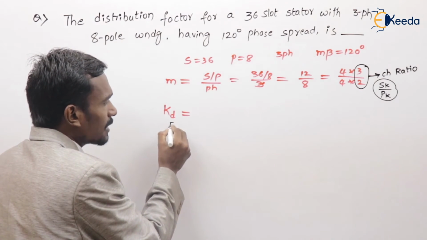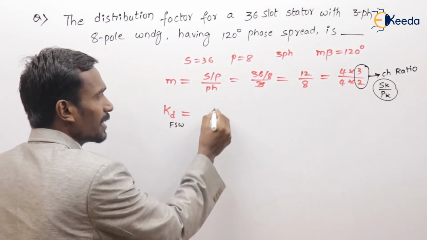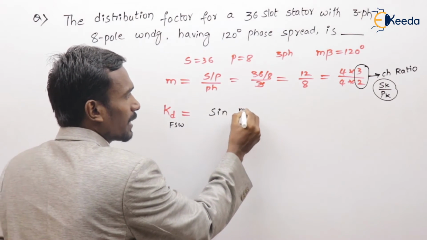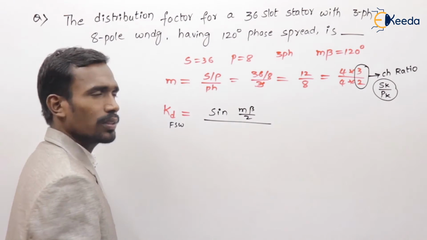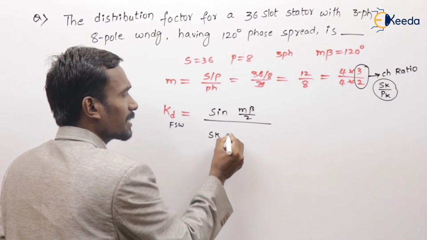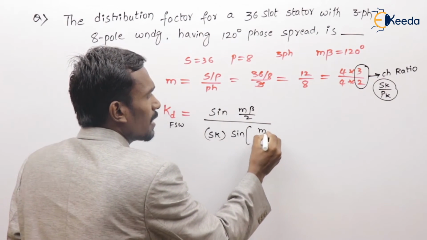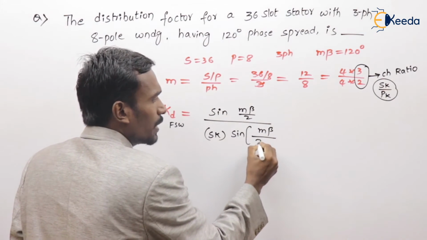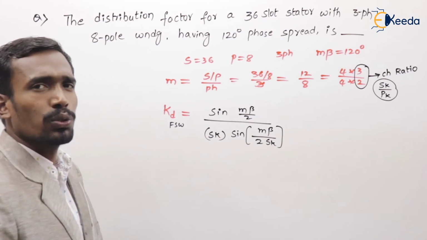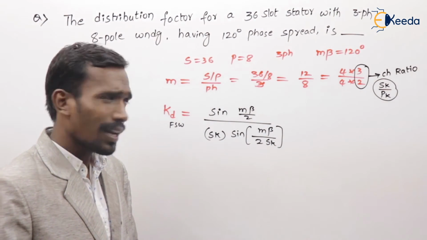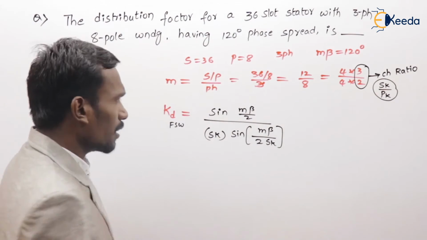For fractional slot winding, KD is equal to sine M beta by 2 divided by SK into sine M beta by 2SK. Actually, this is the formula. Let's solve it.